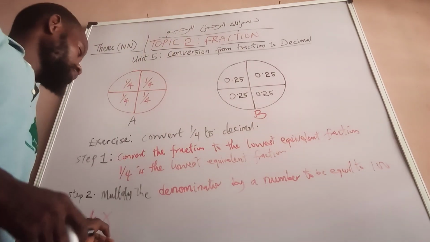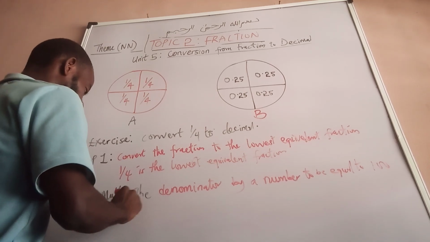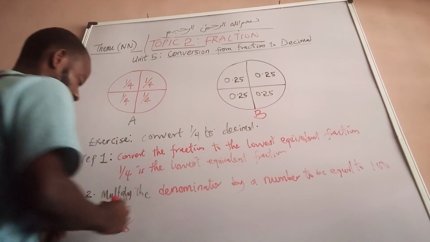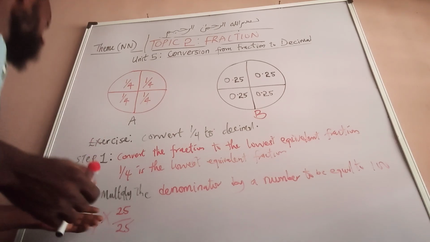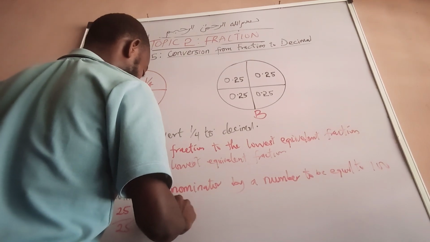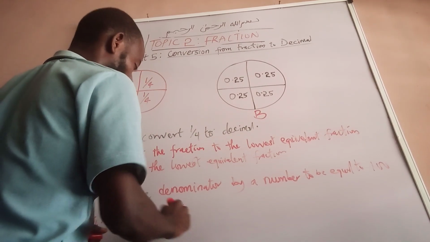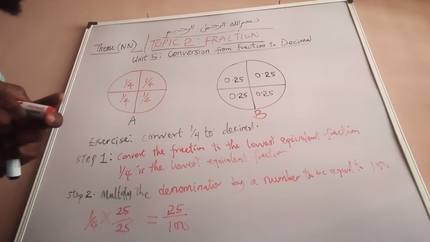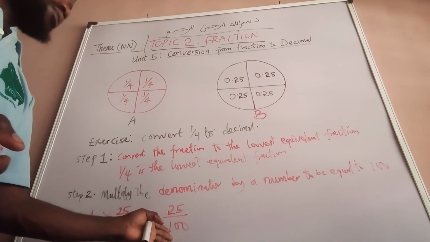What number can we multiply by 4 to give us 100? 25. Now say times 25 over 25. So 1 times 25 is 25, all over 4 times 25, which is 100. As simple as that. So this is 25 over 100, right?